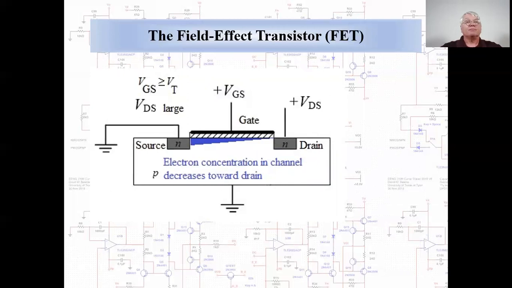Here we have the case, however, where we've increased the drain voltage. As we move towards the drain, the electron concentration in the channel tapers off as we move closer to the drain.